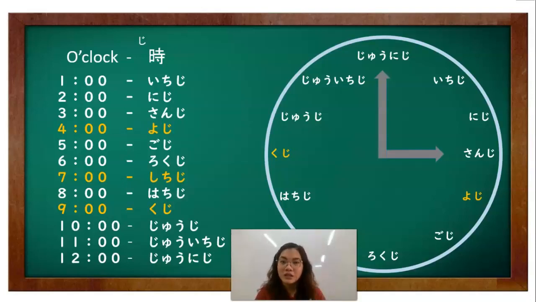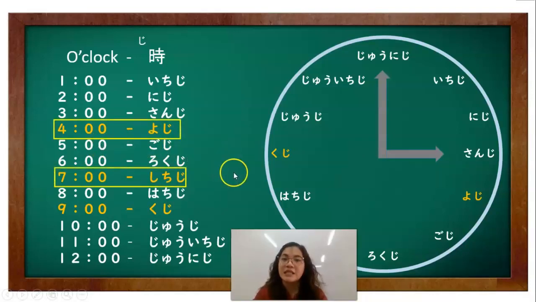So only shichiji. The same as 9 o'clock. So it is not kyuu but ku. Okay? So again, remember the special ones: yoji, shichiji, and kuji. Okay? So that is how you say from 1 to 12 o'clock.